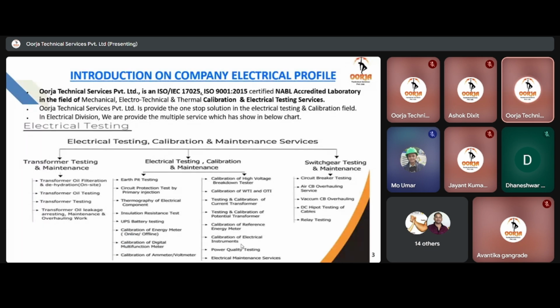In electrical testing, we provide earth testing, circuit breakers, thermography of electrical components, insulation resistance tests, UPS battery testing, calibration of energy meters, digital multimeter, ampere meter, volt meter, high voltage breakdown tester, WTI, OTI testing, and calibration of current transformer, testing and calibration of potential transformer, reference meter, electrical instruments, and power quality testing. In switchgear testing and maintenance, we provide circuit breaker testing, ACB and VCB overhauling services, vacuum circuit breaker overhauling, high potential testing, and relay testing.